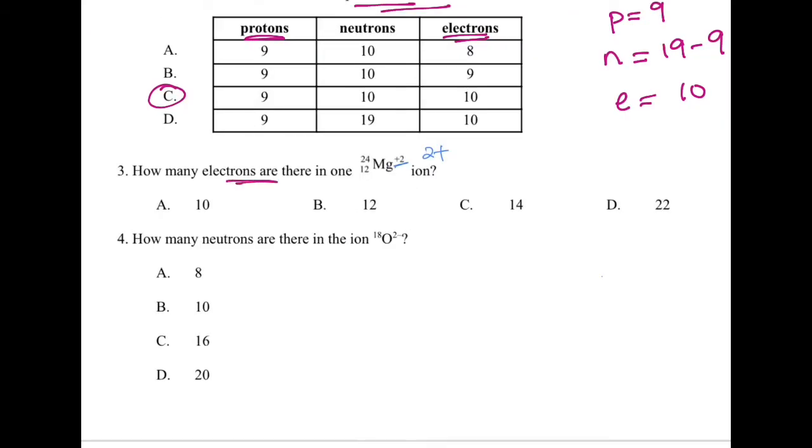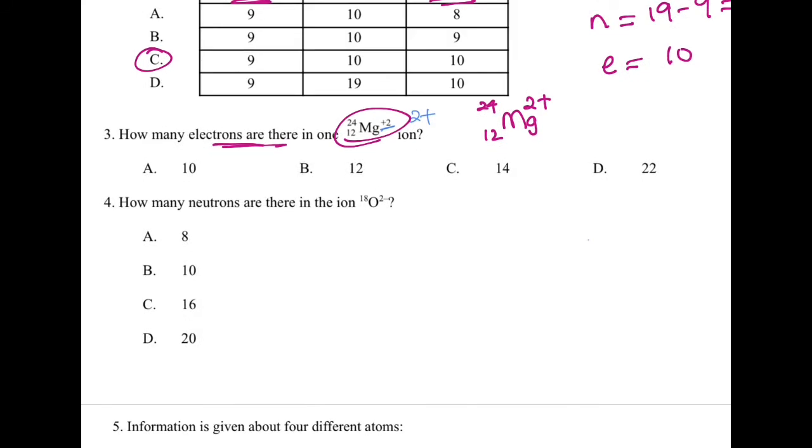Find the number of electrons in Mg2 plus. This should be written as Mg2 plus. Right, so number of electrons. This is the number of protons. So protons is 12. Electrons, because you have a charge of 2 plus, means that it has lost 2 electrons. So 10 electrons.